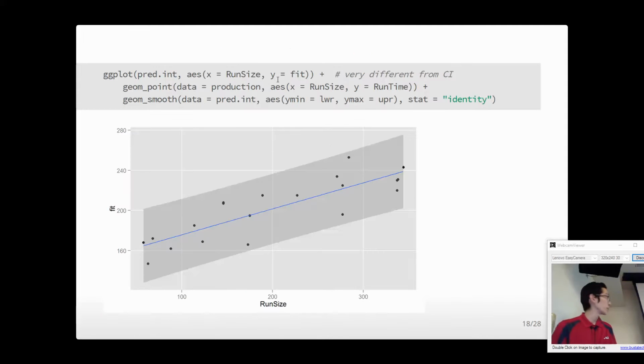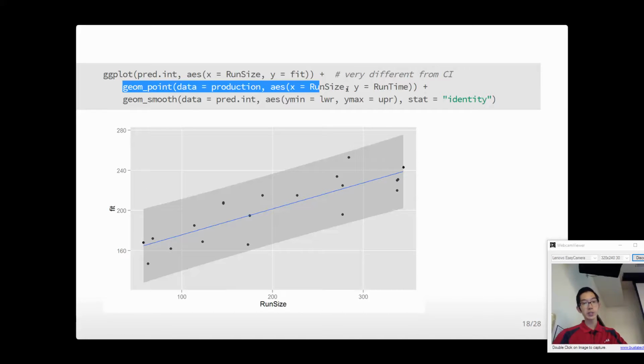And then we can create this with ggplot2. The commands for creating this are now very different. We have to create our ggplot based on our prediction interval, not the production data. And we say x is run size and y is our fit. And it's going to create kind of just our frame here.